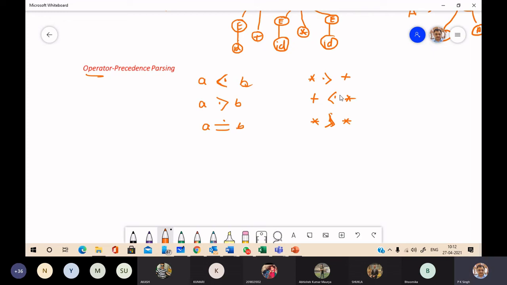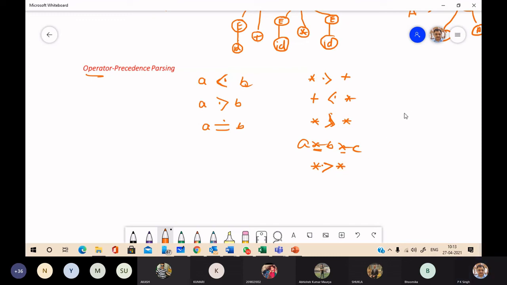The asterisk operator is a left associative operator, meaning the leftmost operator will operate first. So in an expression, suppose you have A into B into C, this has precedence over this, so the relation is this.